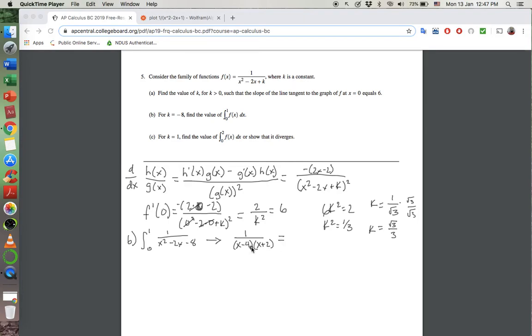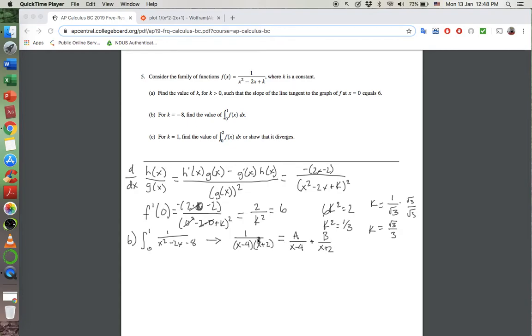So we have this factored quadratic equation down on the bottom. We're going to say this function here is equal to A over x minus 4, the first part, and we're going to add to that B over x plus 2. Again, partial fraction decomposition.